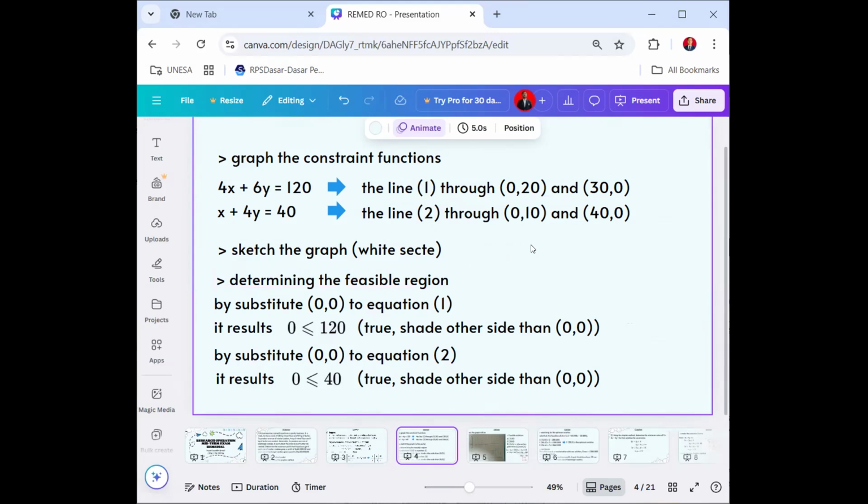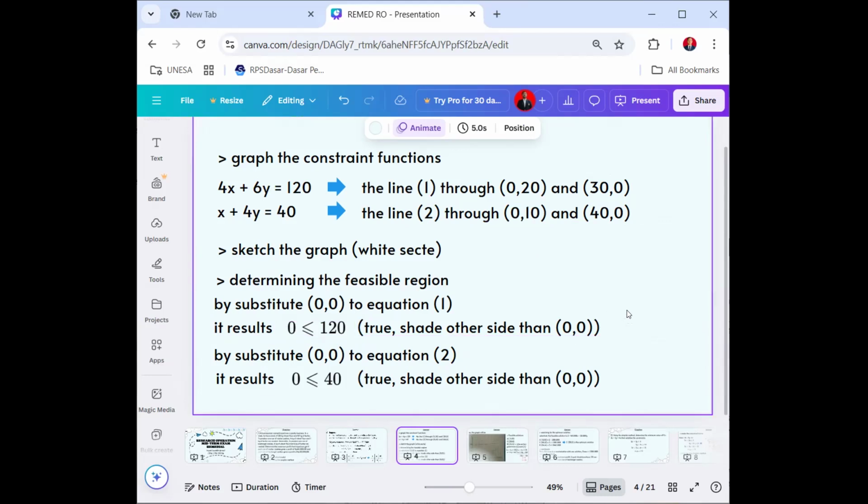So the next step after we sketch the graph is determining the feasible region. We can substitute 0,0 into equation 1, and it results in 0 less than 120, and it is true. So because I follow the white sector, I will shade the other side than 0,0.